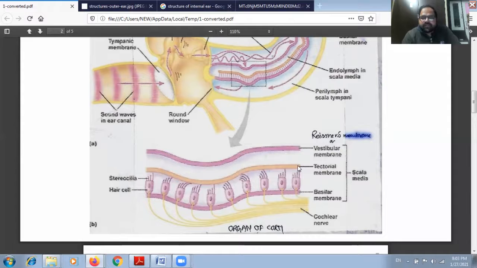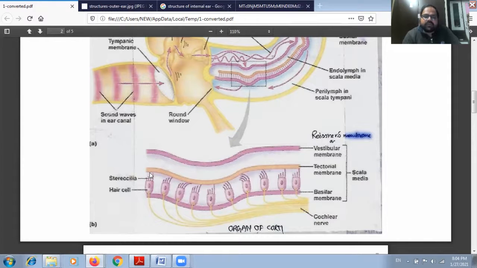So this tectorial membrane, these hair cells and this basilar membrane all together will be called the organ of Corti. And this organ of Corti is specially involved in receiving the sound waves, and it collects the sound waves and sends the signal to the brain through this cochlear nerve.